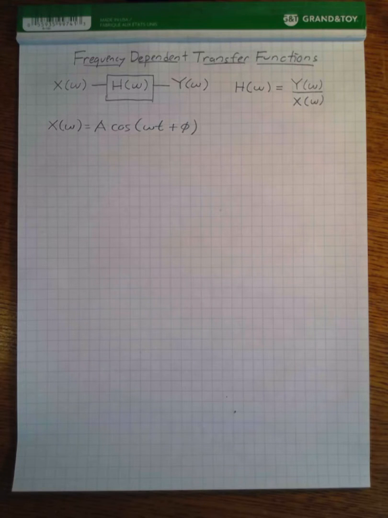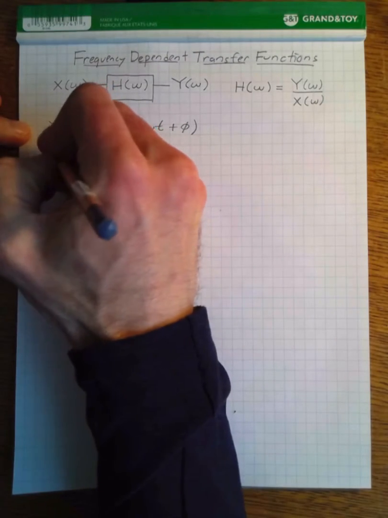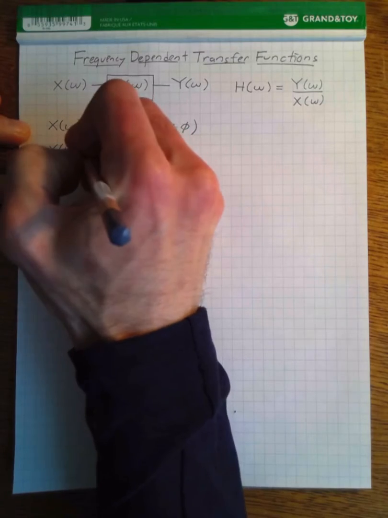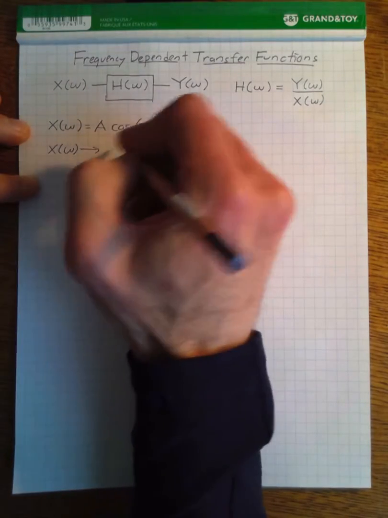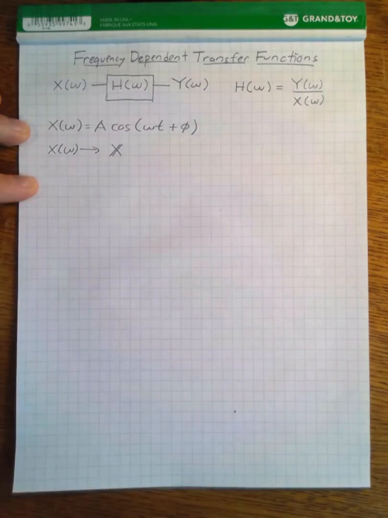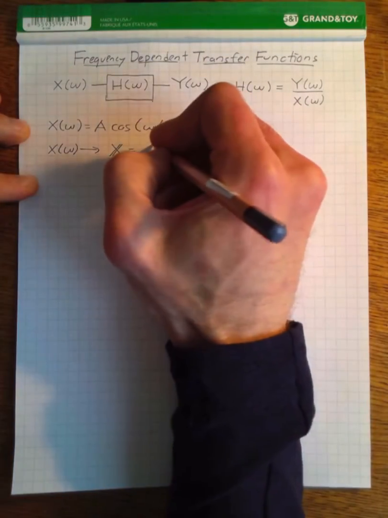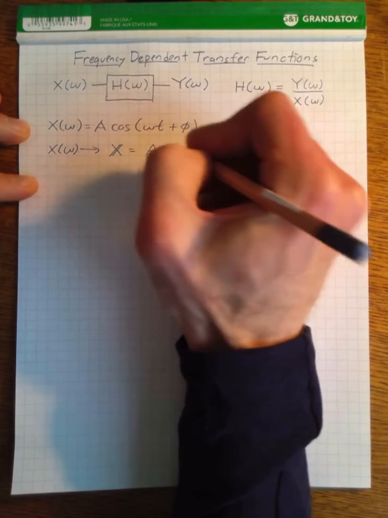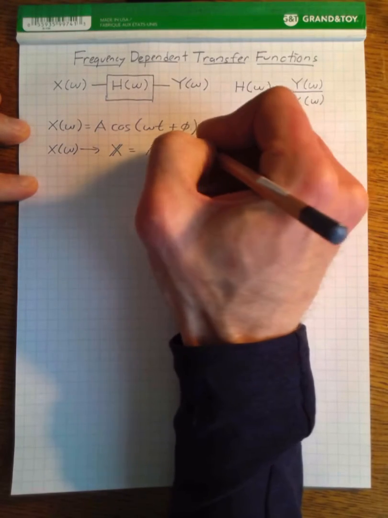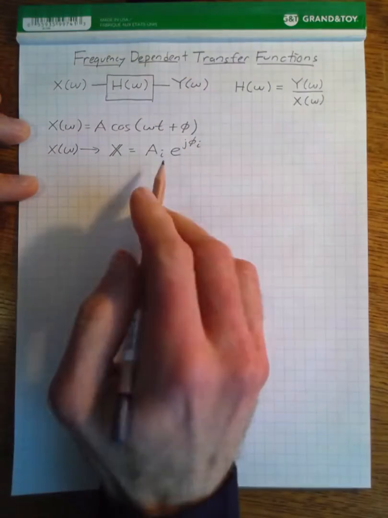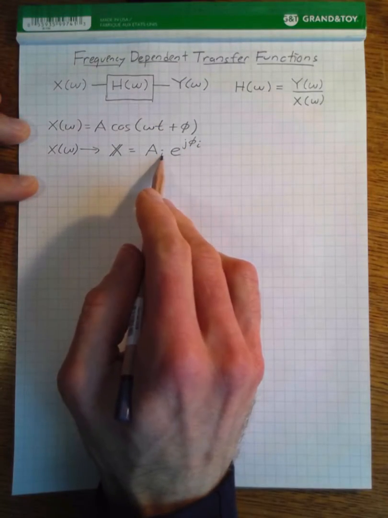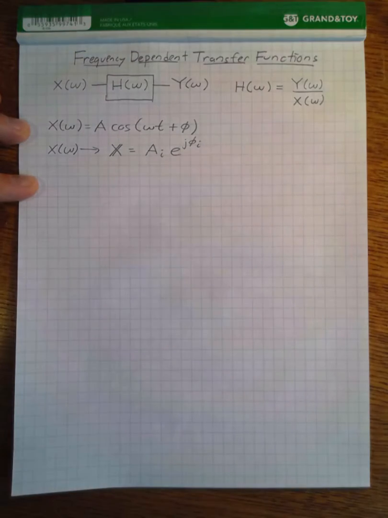Since our signals, for our purposes, are going to be single frequency sinusoids, we can represent them using phasors. And so our input signal, x of omega, I will often write as just a bold x, which we will recognize as a complex signal with a certain magnitude A_I and a certain phase shift phi_I.